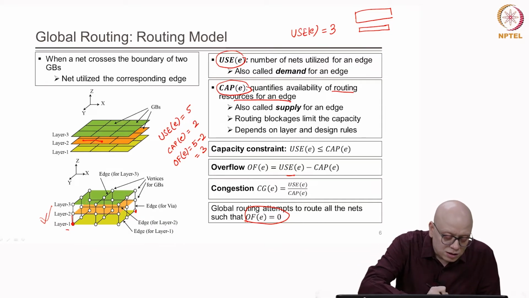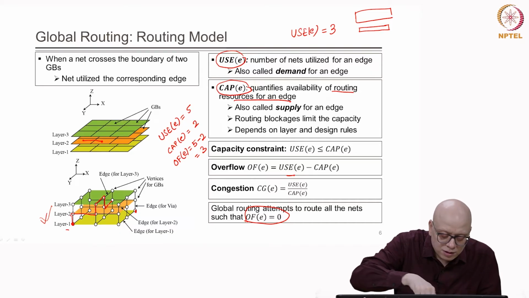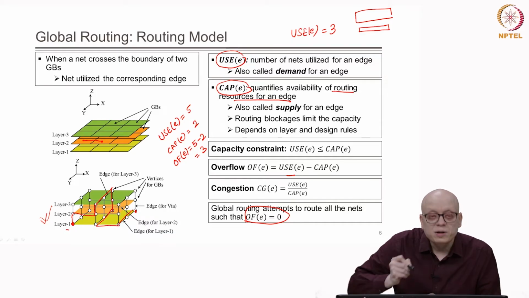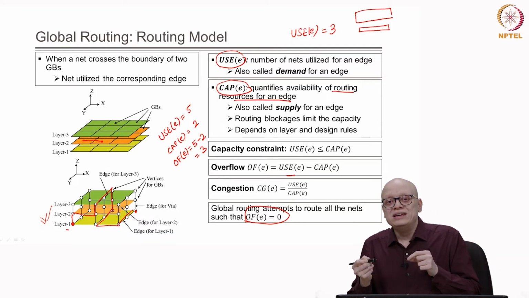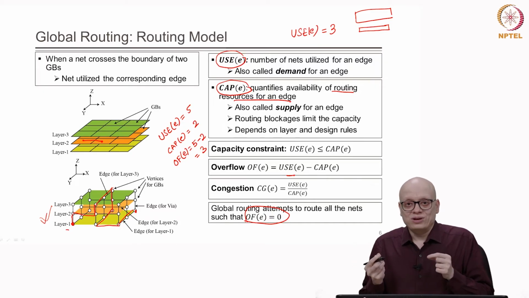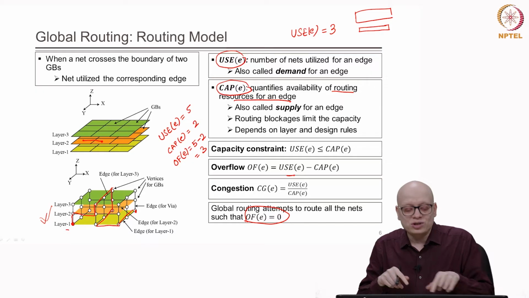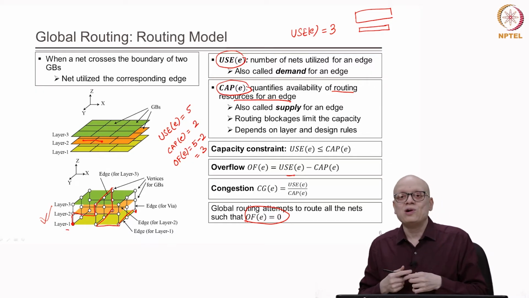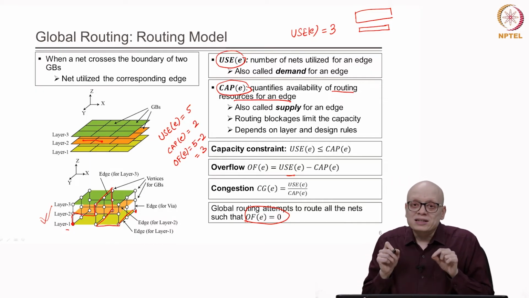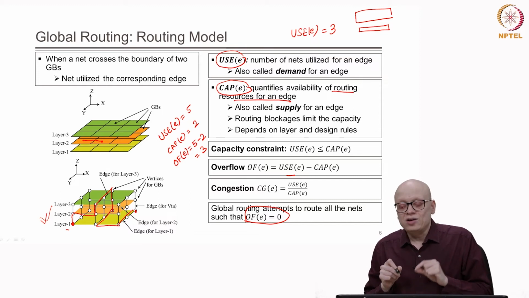It may take a longer path, or it can take a detour between various endpoints of a net to avoid overflow. And if it is doing a detour or taking a longer path, then other QoR measures like wire length and delay will suffer. But the routing tool can take those kinds of decisions.